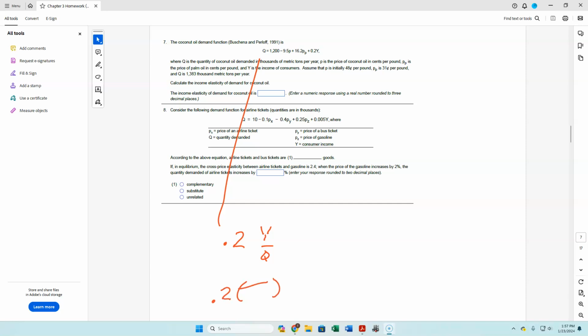Now my q is given here. It's 1383. And for my y, I would need to solve for it.